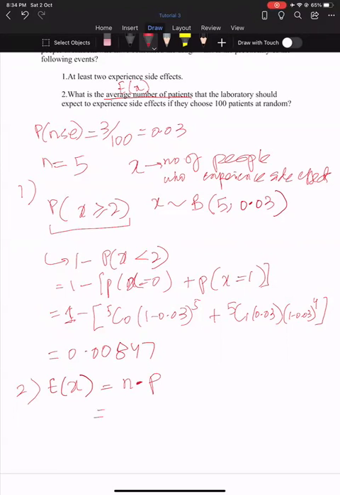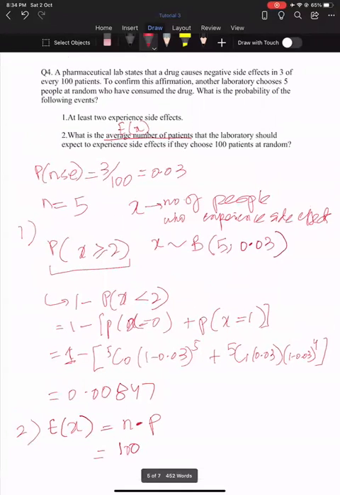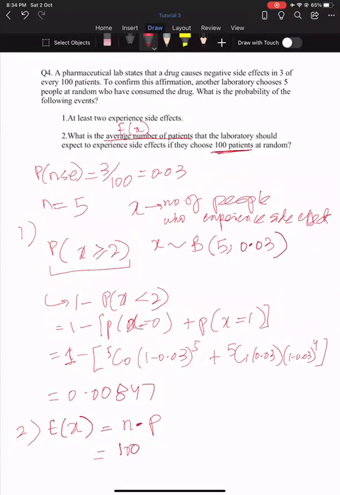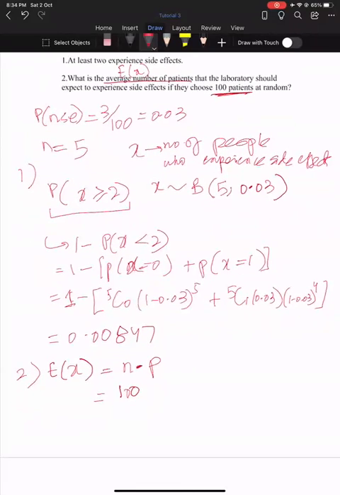And n here is 100. If they choose 100 patients at random, that's why 100. And then probability of success is 0.03, which gives us 3. So they'll need on average 3 people. They should expect 3 people will have side effects if they choose 100 people.